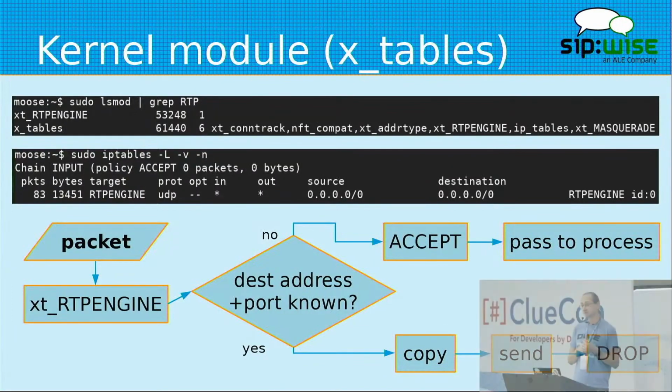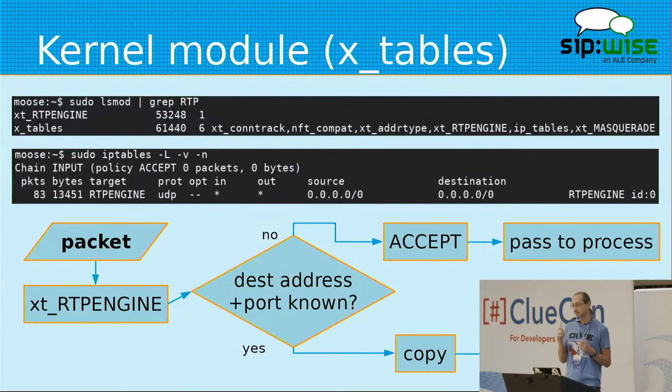First thing it does, it looks at the destination address and port. If it does not know about it, it will return an accept verdict. An accept in the iptables system means continue processing it. And eventually the packet will then be assigned to the socket, and the process will get to see it.